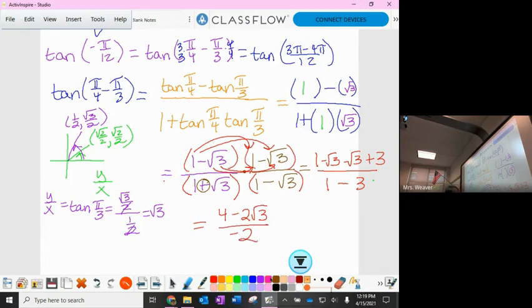Every term in the entire fraction simplifies by a factor of 2, and I get to divide by the negative at the same time. So that'll become negative 2 plus root 3 over 1, so I'll just leave it as negative 2 plus root 3.